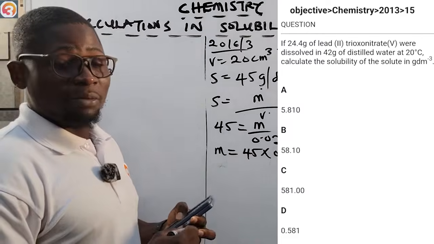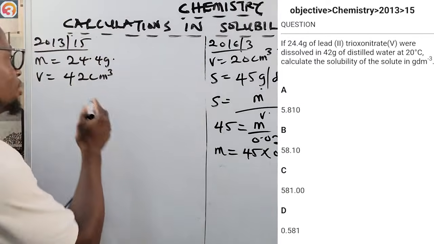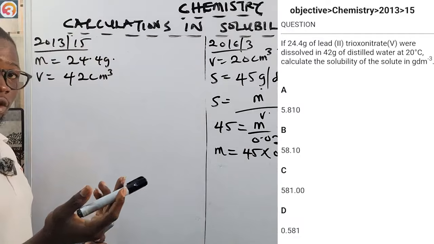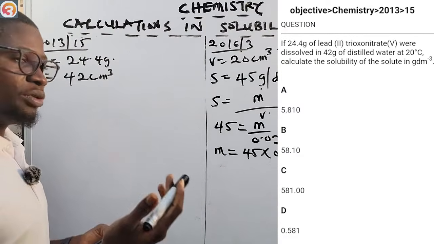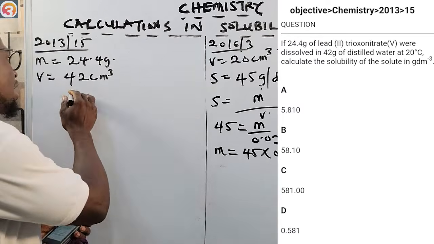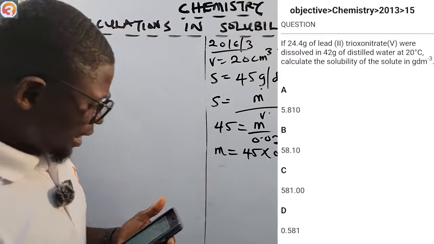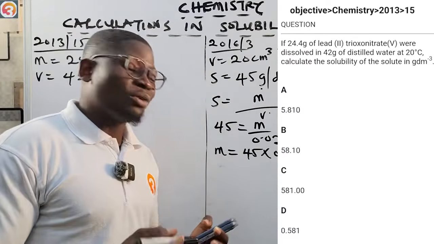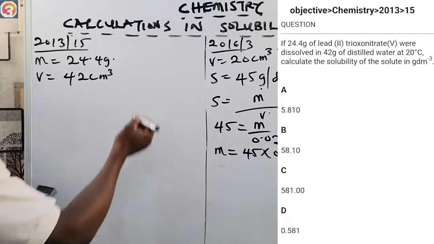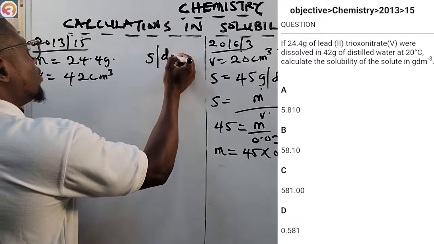If the mass of the solvent is given, it translates to the volume in the same amount. So 42 gram is 42 cm cube. Let's continue. It dissolves in 42 grams of water at 20 degrees. They say calculate the solubility of the solute in gram per dm cube. We're looking for solubility in gram per dm cube.